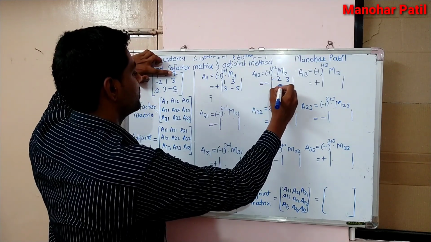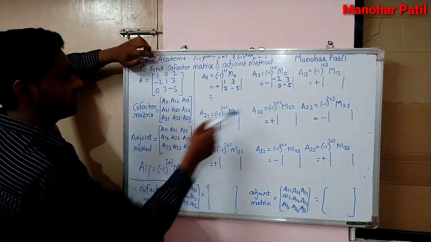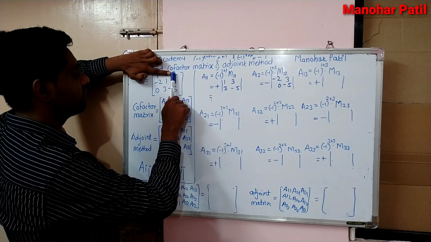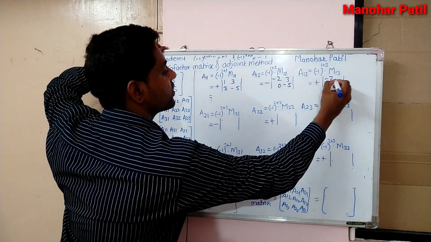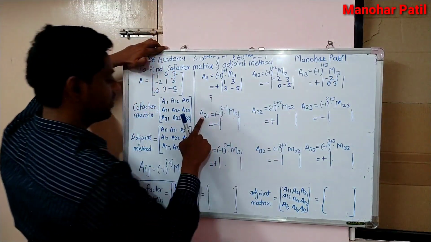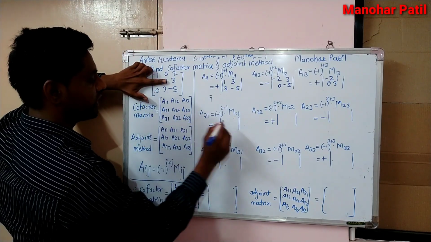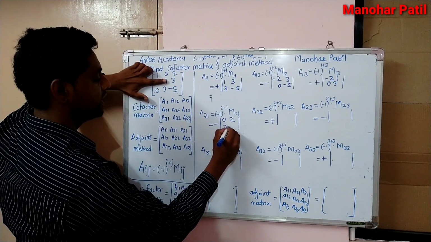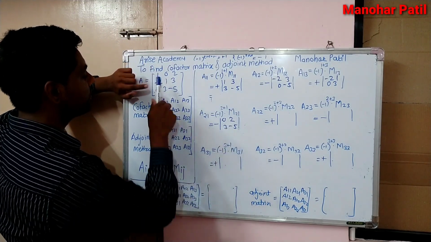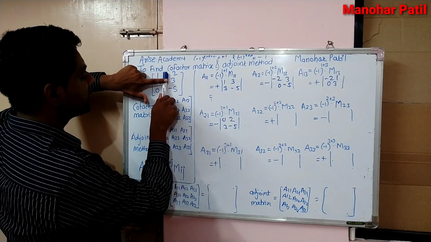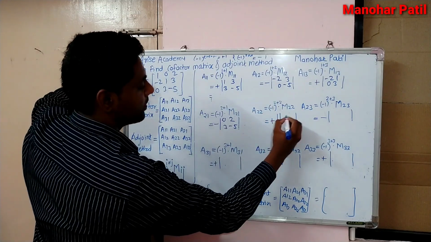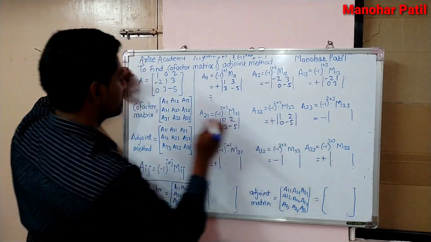Next, minus 2 1 0 3. For A21, 0 2 3 minus 5. For A22, 1 2 0 minus 5.